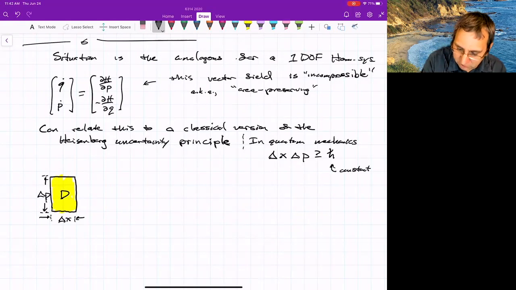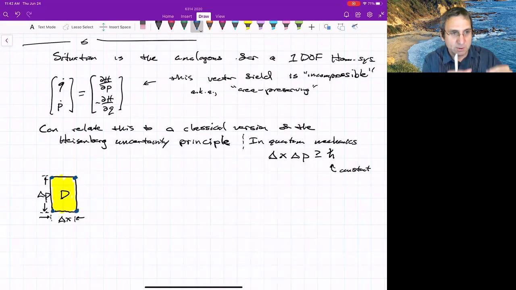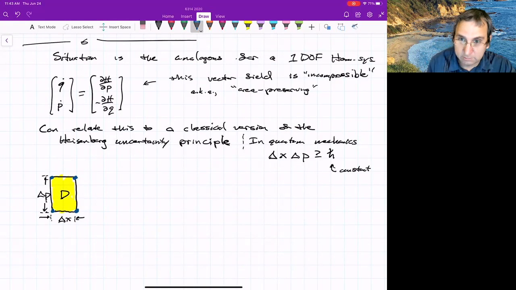If we follow these corners, right, follow each of these corners, even over a small amount of time, we could look at how this rectangle deforms. And the rectangle will deform somehow. Maybe I'll look at this one first. It deforms, goes to here. This other one takes another path.